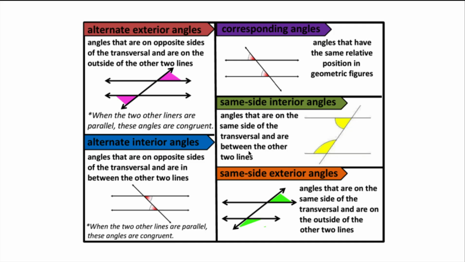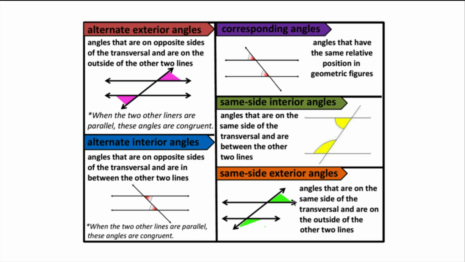Good job. Now, same side interior angles. We already talked about this, but just to be sure, these are our internal angles and they're on the same side, so therefore they are supplementary. They're going to add to 180 degrees. And then the same side exterior angles. We have exterior angles on the top and the bottom of the parallel lines, and they're on the same side.